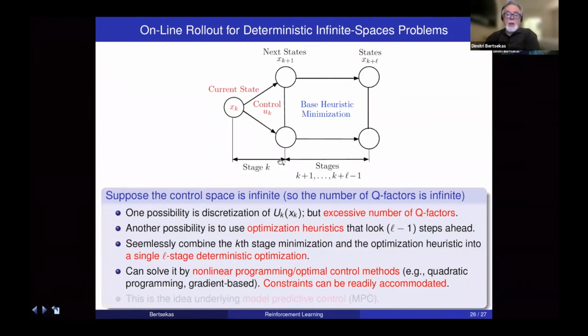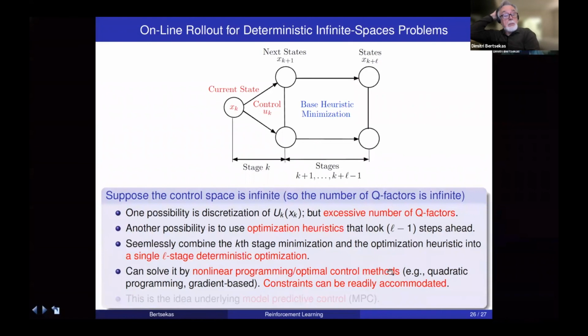Use some kind of a quadratic programming formulation that takes into account the state constraints and the control constraints, as well as the dynamics of the system. There are gradient methods, conjugate gradient methods. There's a very well-developed algorithmic theory of optimal control problems that dates back to the 60s, okay?